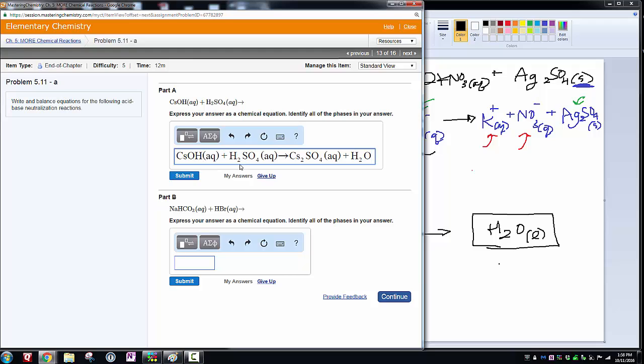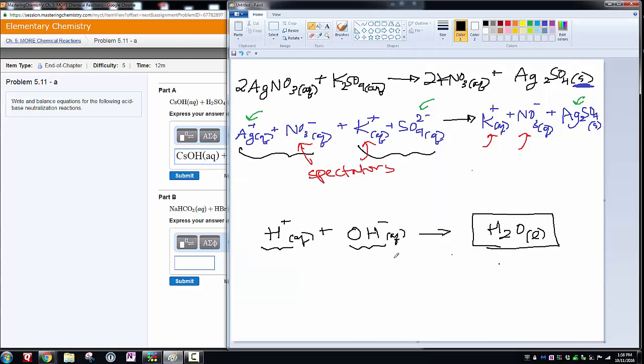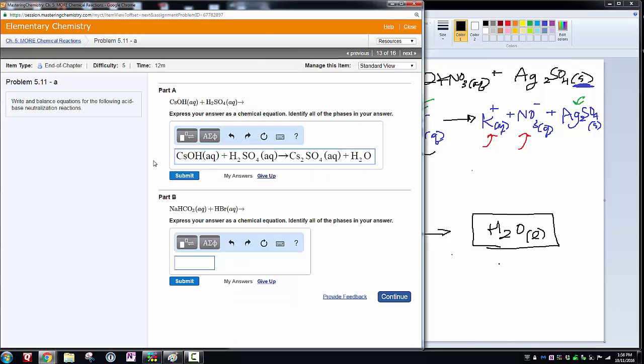That is a classic example of an acid and a base exactly like I was showing you here, which is good because they told me that these were acid-base neutralization reactions. So here I have cesium hydroxide plus sulfuric acid going to form cesium sulfate and water. These are soluble, soluble, soluble, and this is, of course, a liquid. Doesn't need to be soluble because it is the liquid that you would be considering.